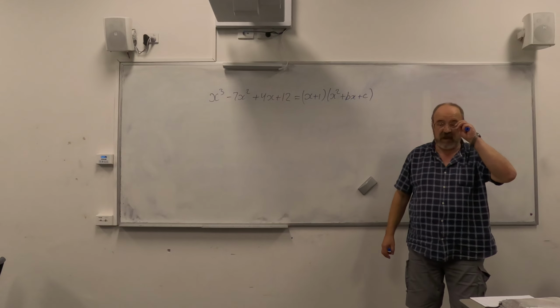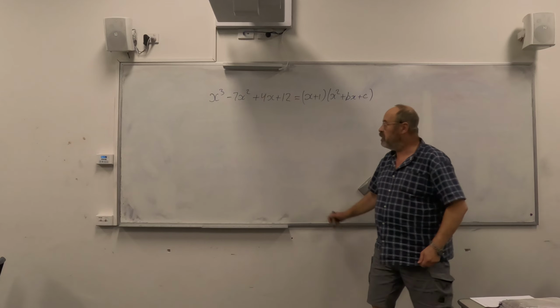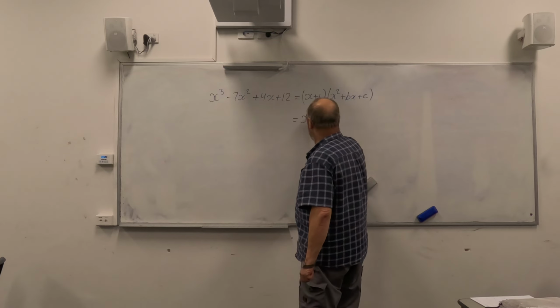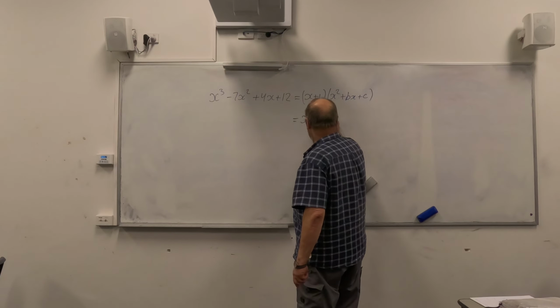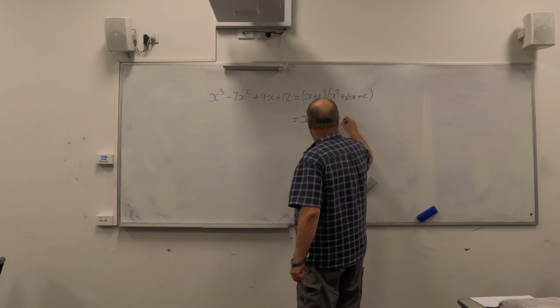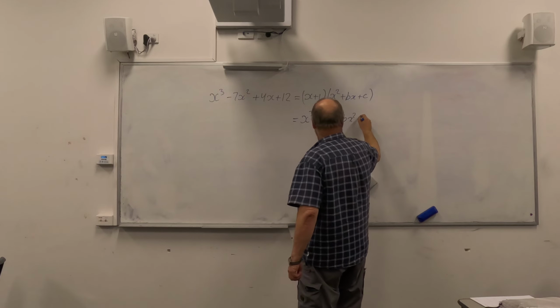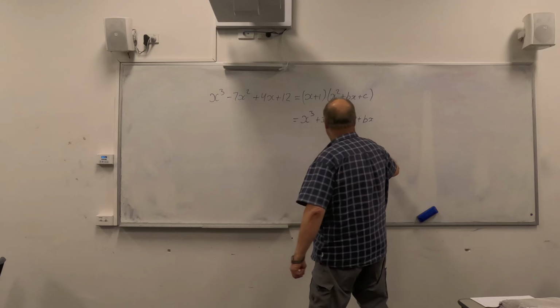So first we need to expand the right hand side. It will be x cubed plus x squared plus bx squared plus bx.